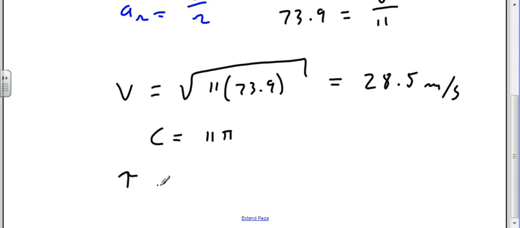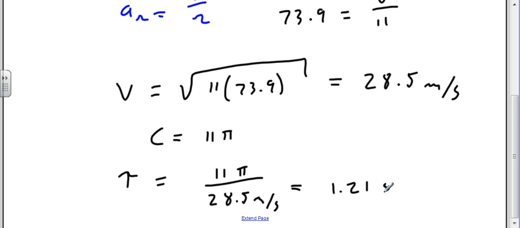The circumference of this is 11 pi, so my period would be 11 pi divided by 28.5 meters per second, which is 1.21 seconds per revolution. We want our answer in revolutions per second and meters per second.